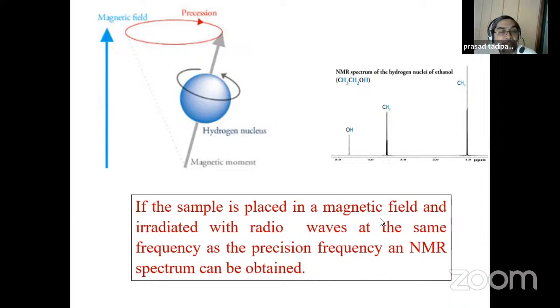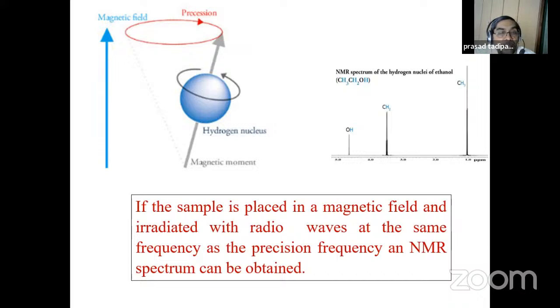If the sample is placed in a magnetic field and irradiated, meaning you expose it to an RF frequency, that means radio waves. If you select a particular radio wave frequency and irradiate, when it is the same as the precession frequency, it will be absorbed and you will get the NMR spectrum.